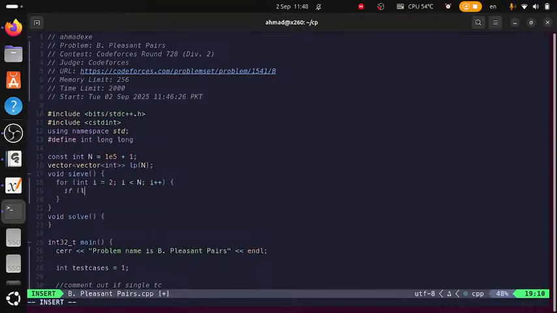If LP of i dot size is greater than 0, so we continue, or do we?